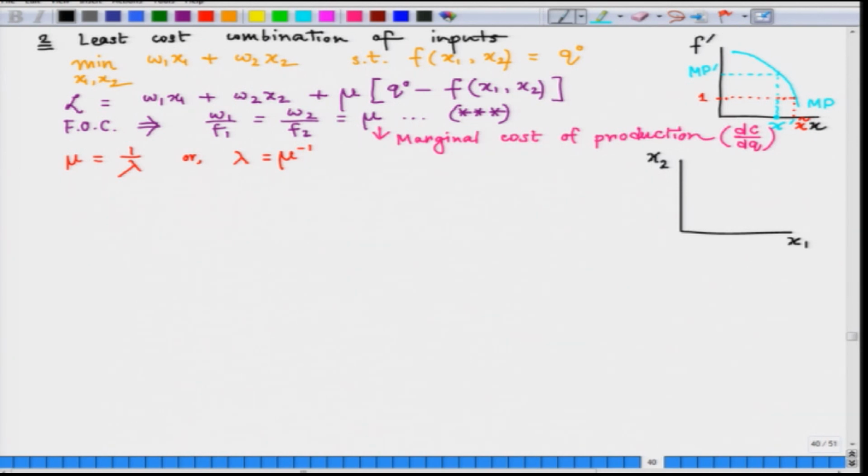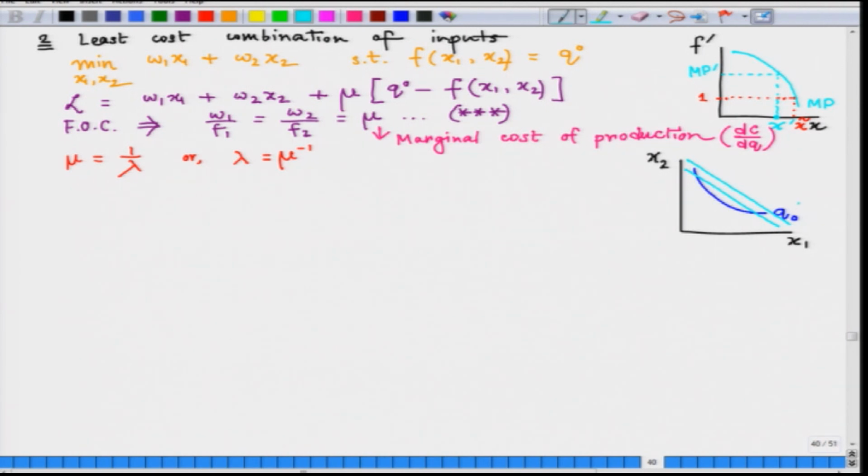So, we start with one isoquant displaying the output level Q naught, and now we are looking for a series of isocost lines in this input plane, one given by this, then there can be one more. These are all parallel translations of the same isocost line having different resource values or cost levels, but with the same input price ratio.